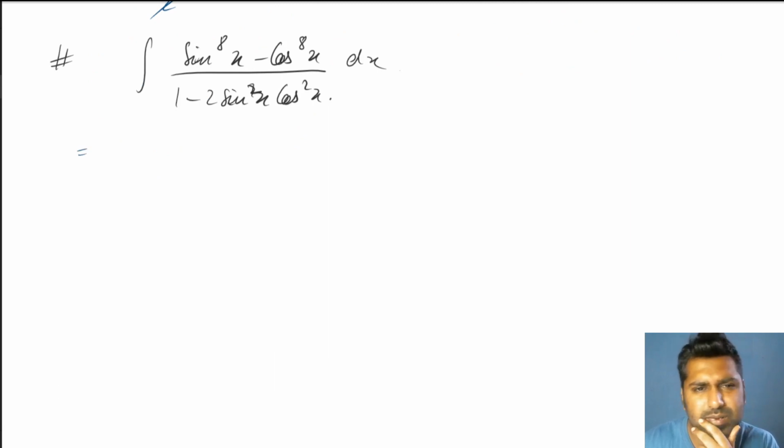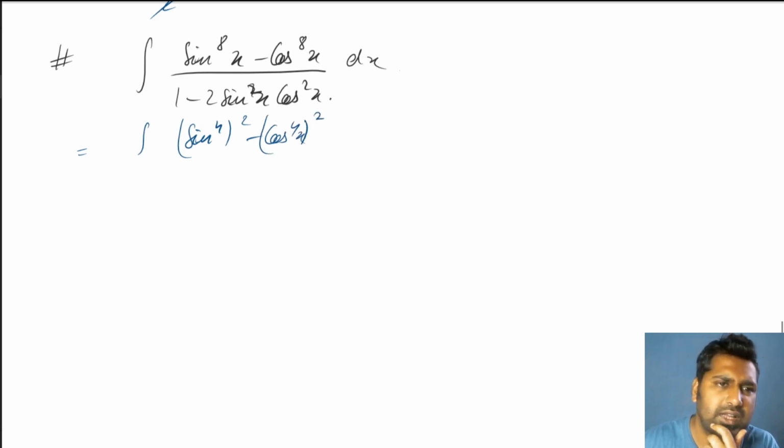The first step that we will start with is factorizing this. This is a raised to power 8 minus b raised to power 8. So it will become sine raised to power 4 whole square minus cos raised to power 4 whole square. I'm using a square minus b square. Now what is this? A square minus b square. So I'm directly applying that.